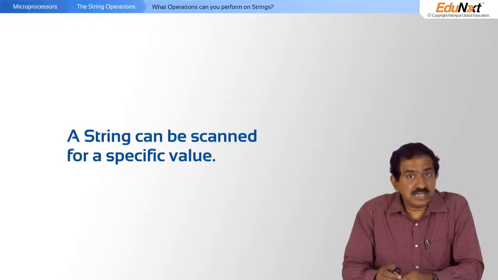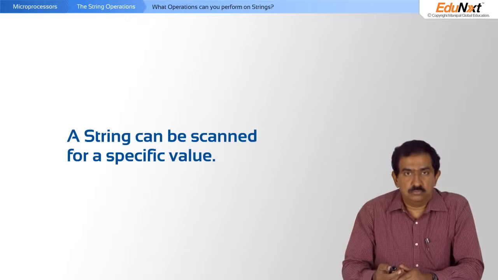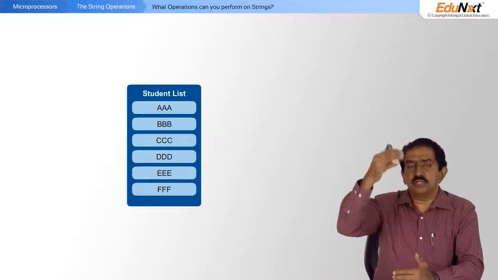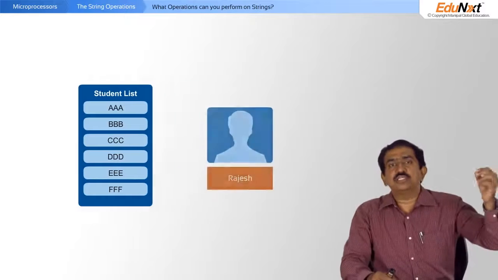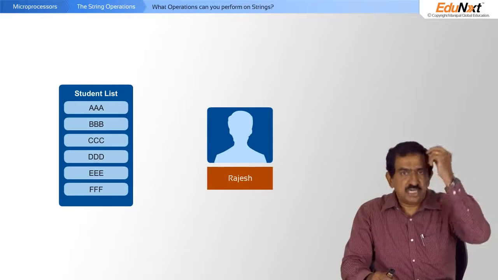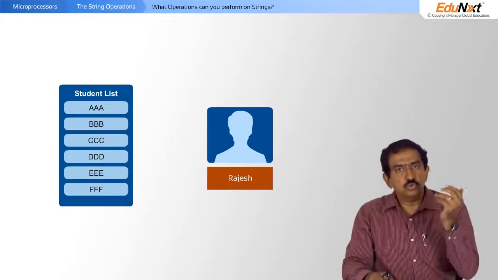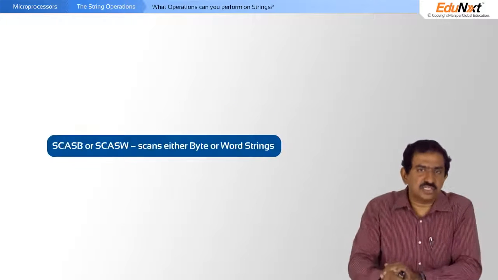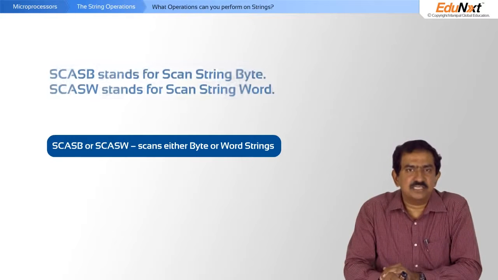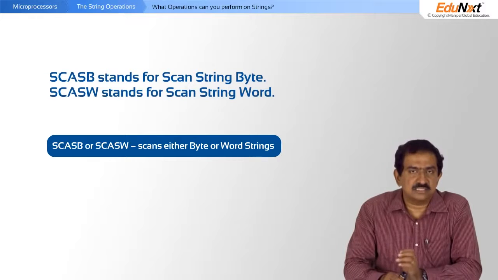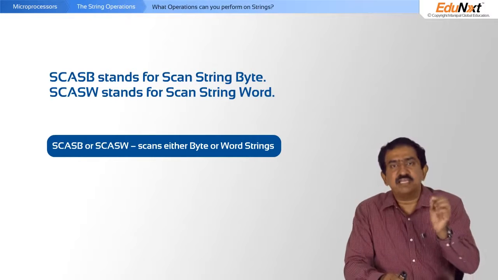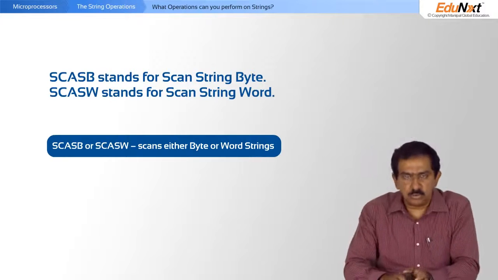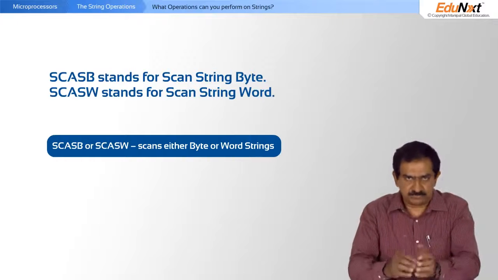You can scan a string for a value. So let's say you have the names of all the students, and you want a specific student called Rajesh. Is he there? You could automatically do this with one instruction called SCAS. SCAS is scan string, and you have SCASB or SCASW, which is scan string byte or word.